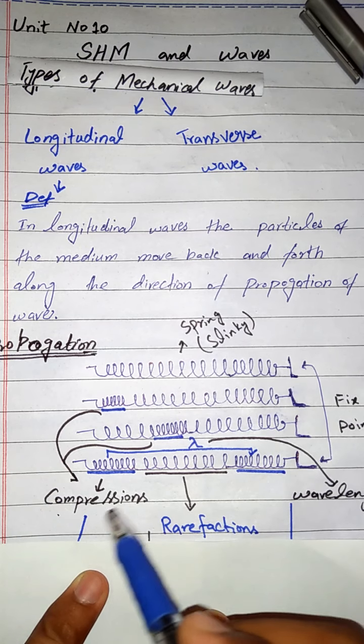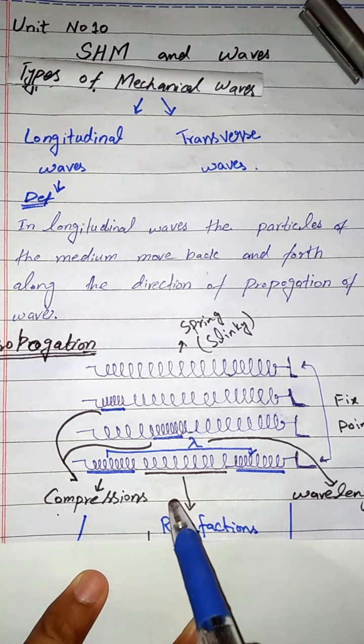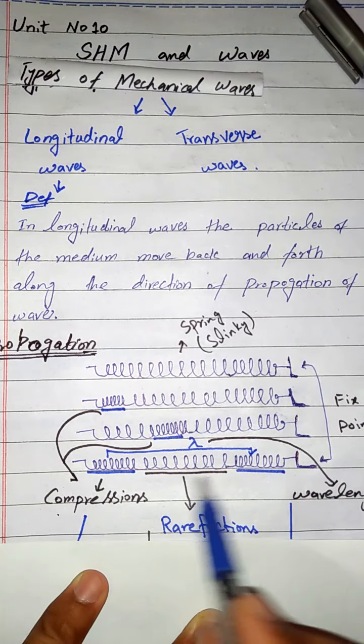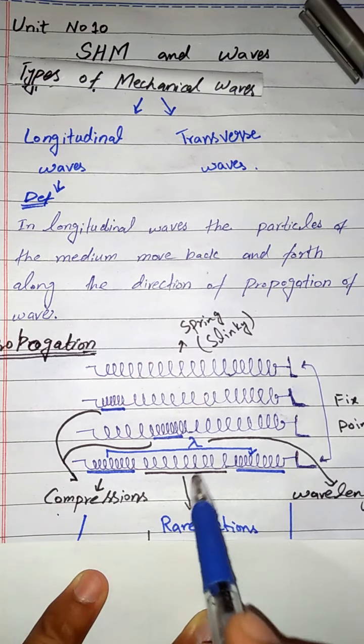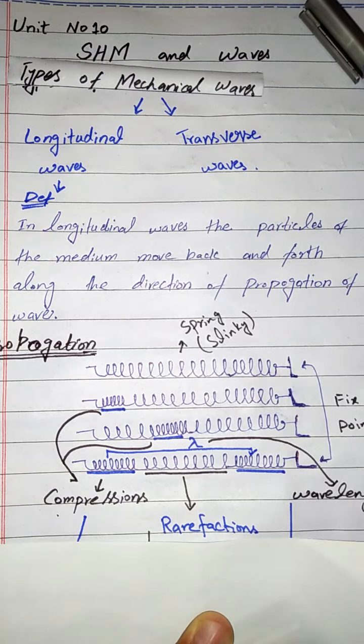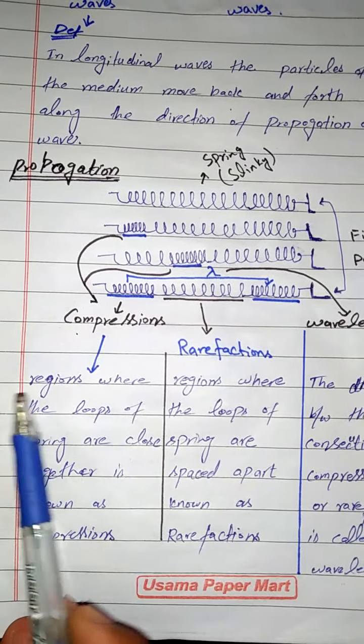A wave in which the compressions and rarefactions move back and forth along the direction of motion of the wave is called a longitudinal wave. Here is the simple definition.